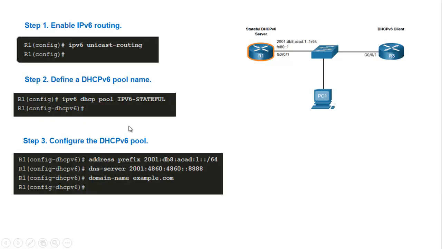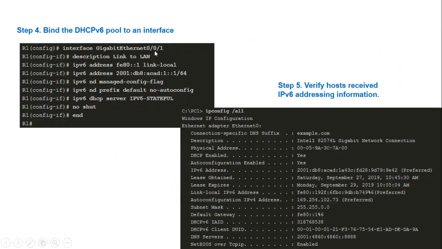Once you have configured the pool, you have to bind the pool to the interface. Interface G0/0/1, give it a description, configure the link-local address and the GUA for the link, and then set it to managed-config-flag. This command will set the M flag to 1, and the A flag and O flag will be 0.